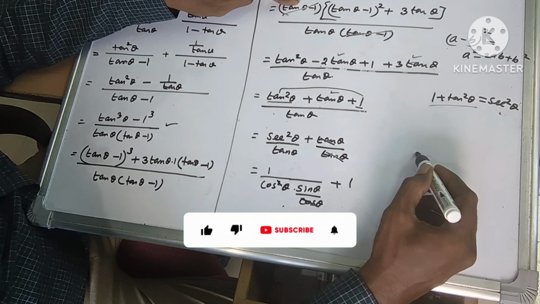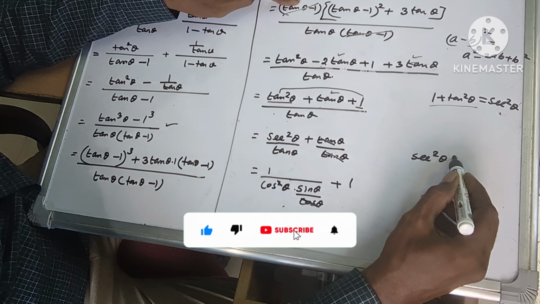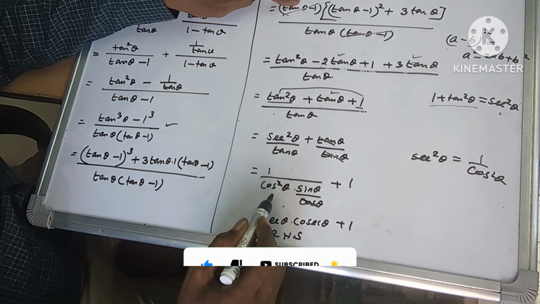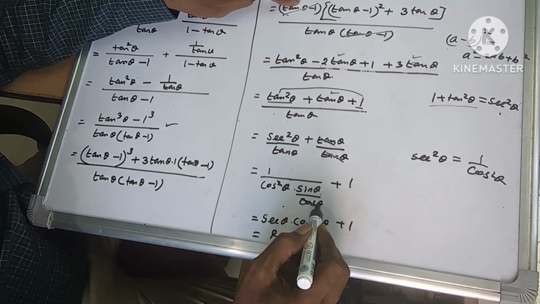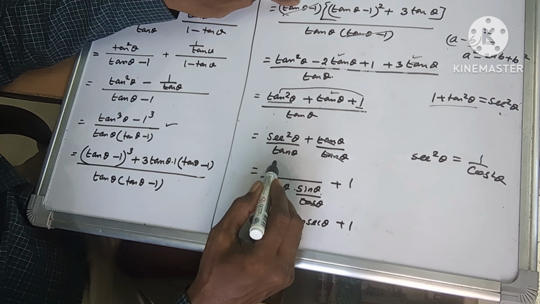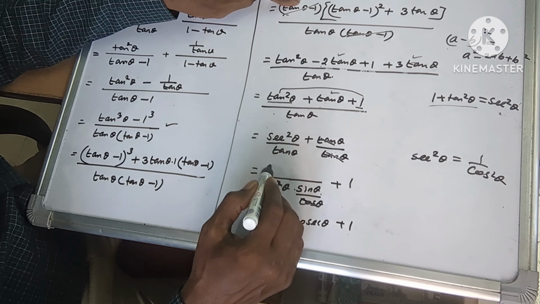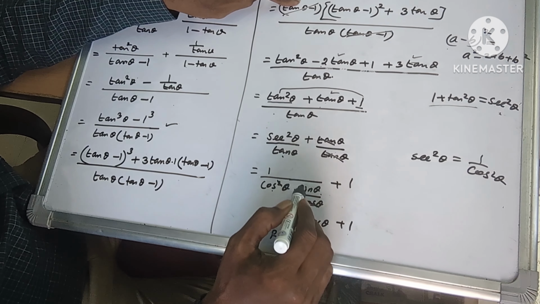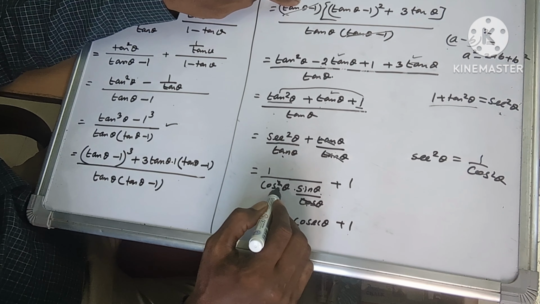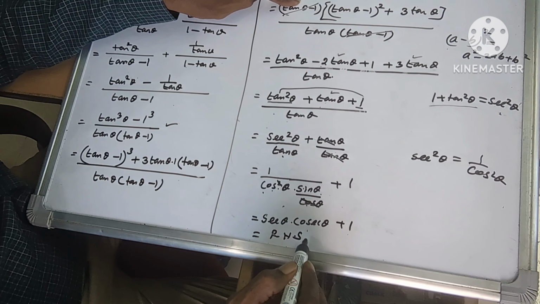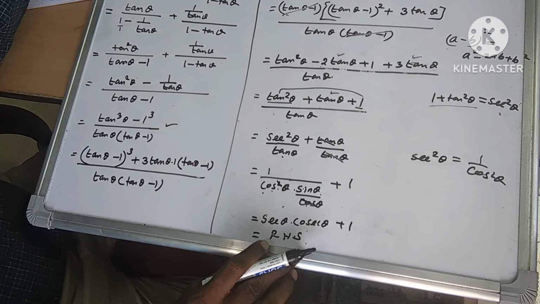Secant square theta is 1 by cos square theta. Tan theta is sin theta by cos theta. This is 1. So remaining for this one, secant square is 1 by cos square, the denominator tan is sin by cos. Cos cancels. This is 1 by cos, which is secant, and 1 by sin is cosecant theta. So this is proved, right hand side.